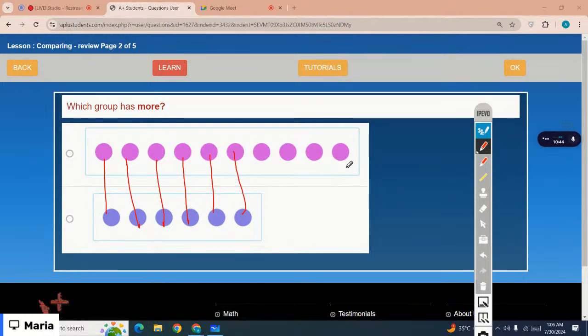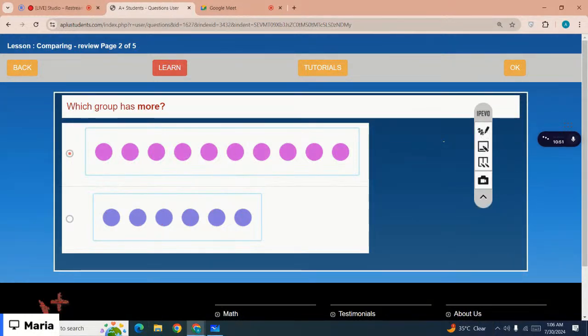So we still have more in the pink group, right? That means the pink group has more dots. The correct option is the pink group.